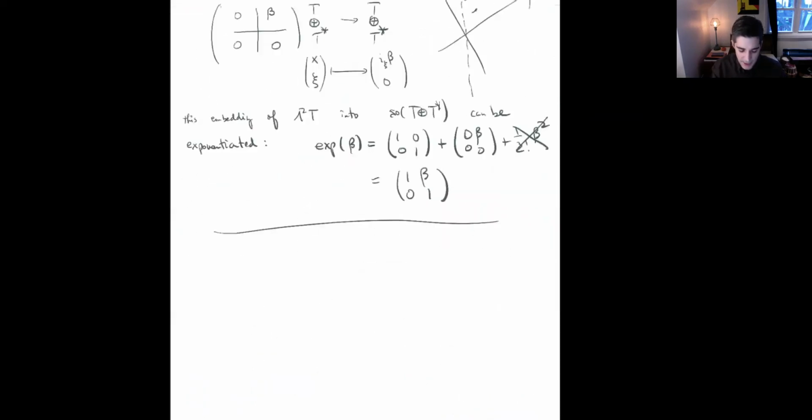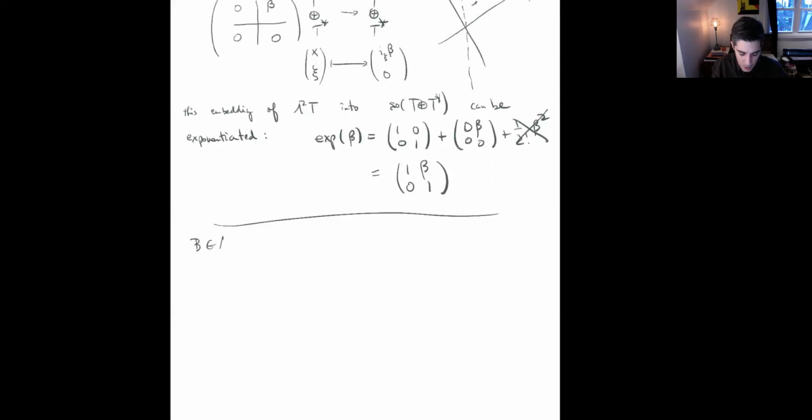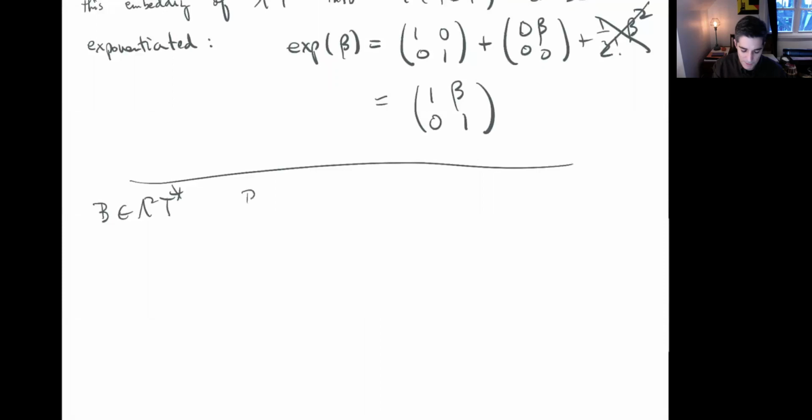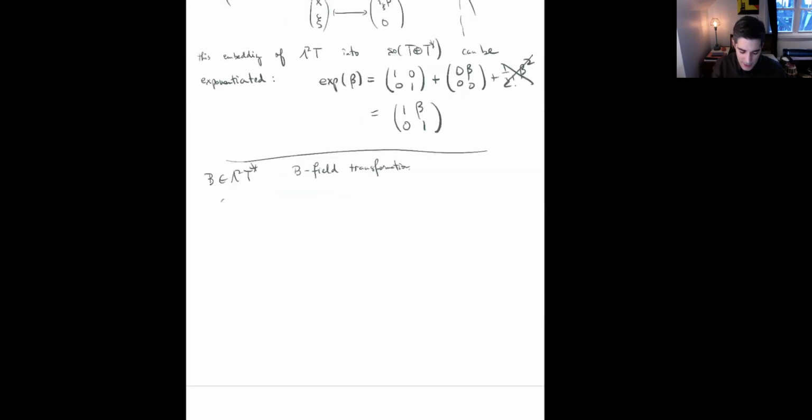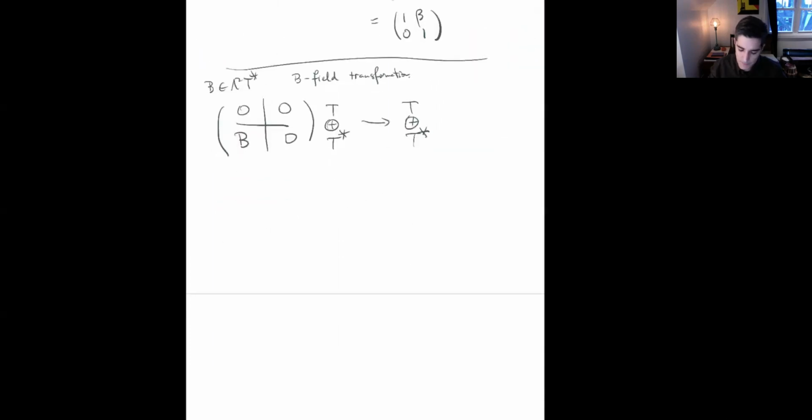Okay, and then finally, let's take B in wedge 2 T star. This is the most important one. This is called a B field transformation. It looks like the opposite of the beta. We have zeros here and we put B down here. What it does is it only acts on the tangent part, but the output is purely in the cotangent direction.